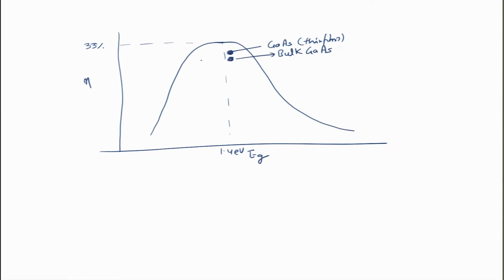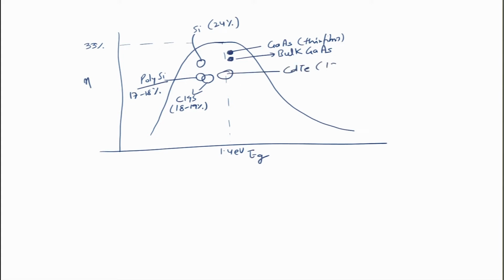Silicon is somewhere here, its band gap is 1.1. So, this is silicon, at about 24% or 24.7%. Polysilicon is lower, at about 17-18%. Then we have CIGS, which is again at about 18-19%, and then we have CdTe also somewhere here, which is about 19% or so.